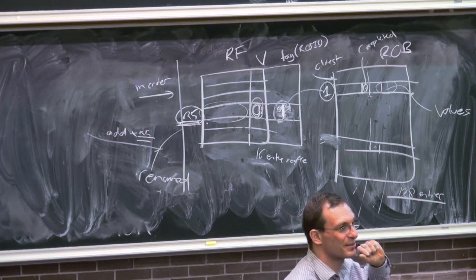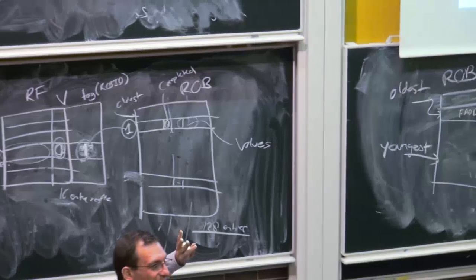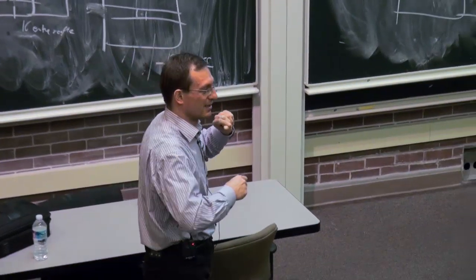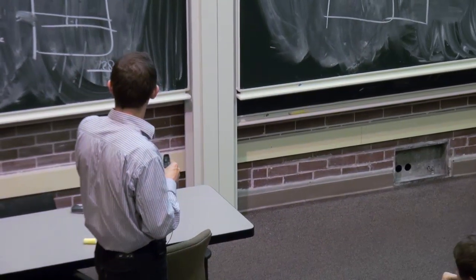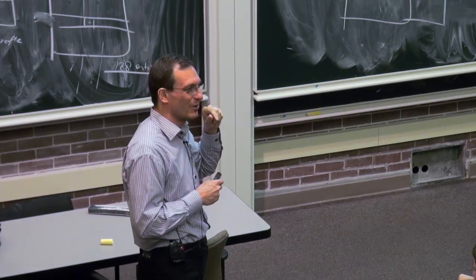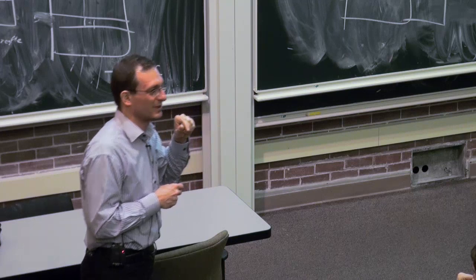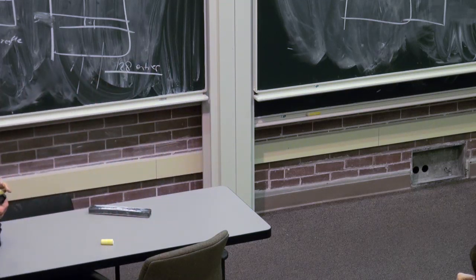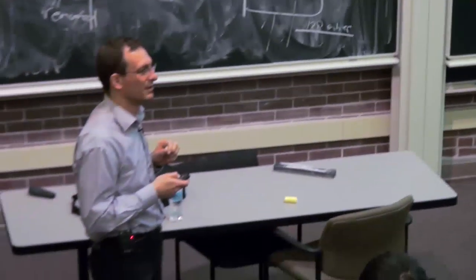OK, let's talk about history buffer. Any questions so far? Yes? It's possible to coalesce the reorder buffer. What do you want to do by coalescing the entries in the reorder buffer? For example, if you have a very long load at the very first entry, then none of the other entries can be retired. That's right.